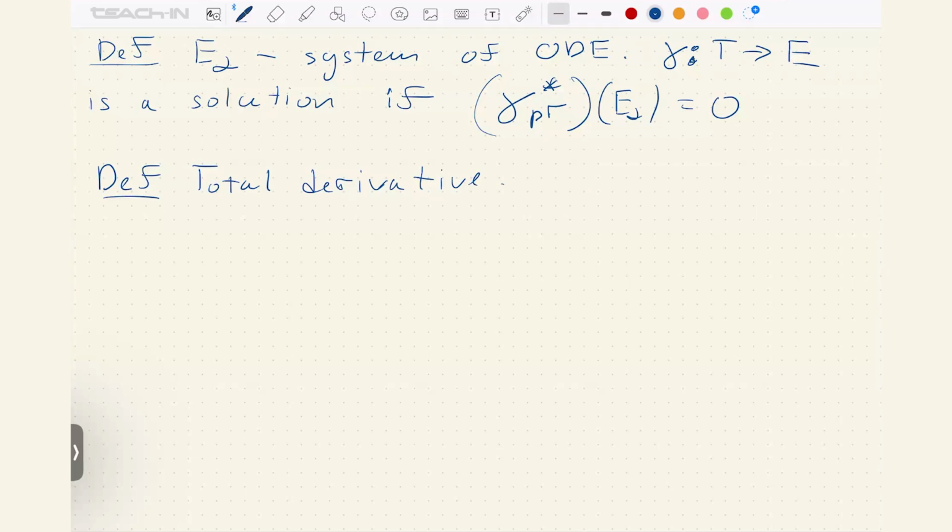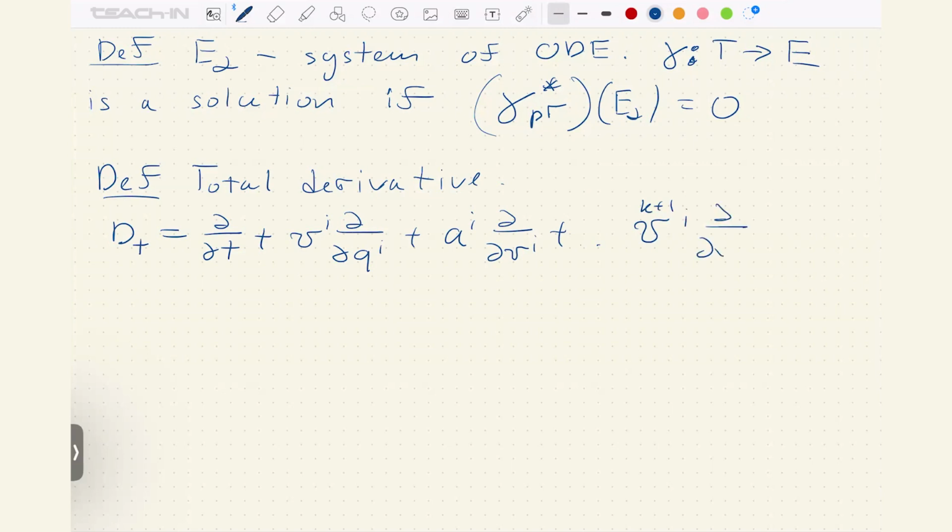It's the following object: d over dt plus v^i d over dq^i plus a^i d over dv^i, etc., plus v_{k+1}^i d over dv_k^i.